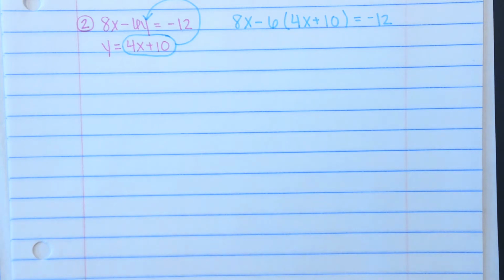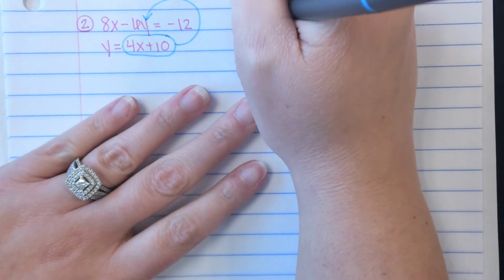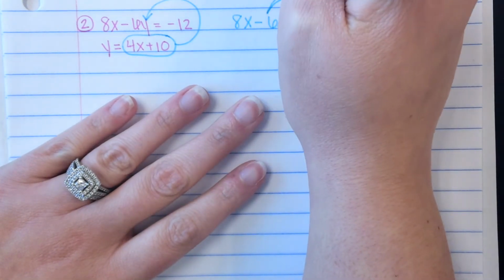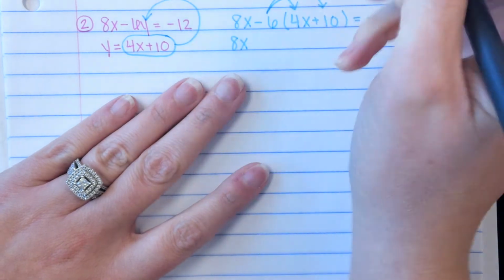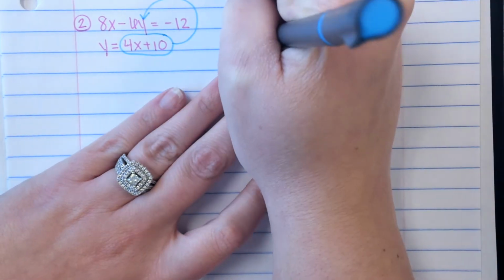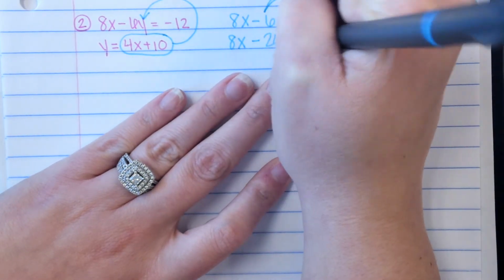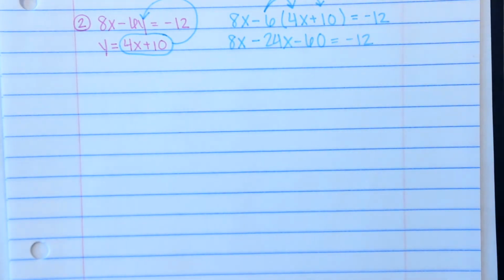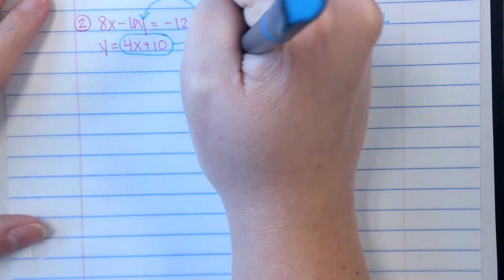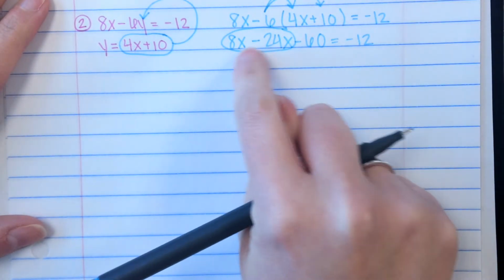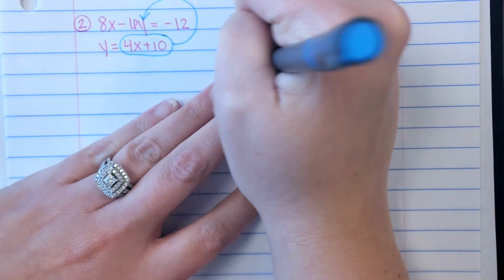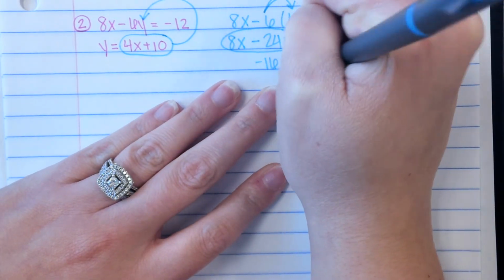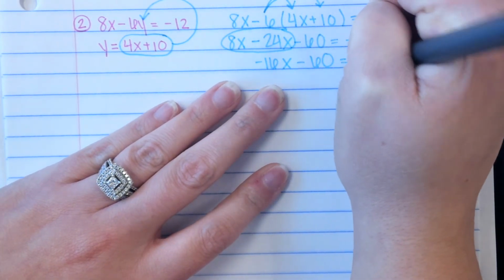Now, this is where our step 2 comes in. We've got to simplify. So we can simplify by distributing a negative 6. So 8x minus 24x minus 60 equals negative 12. Now we can combine like terms. Our like terms are right here. 8x minus 24x is negative 16x minus 60 equals negative 12.